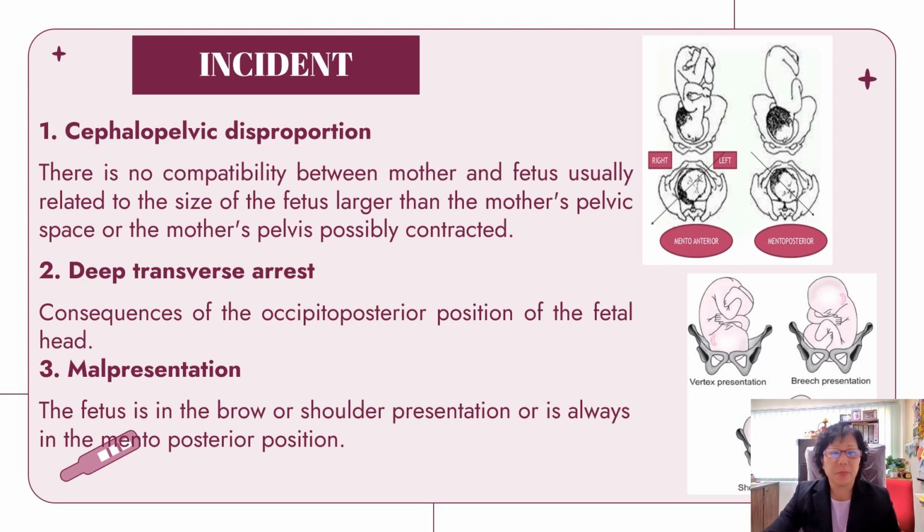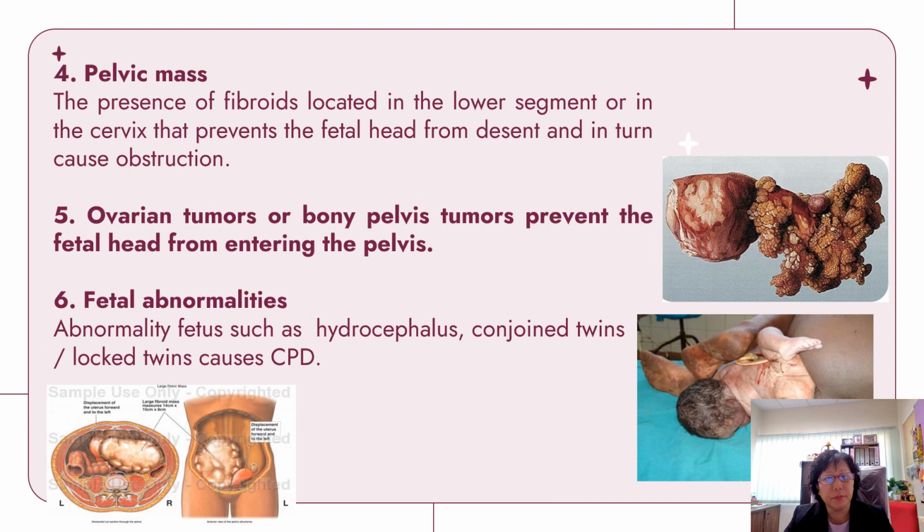Number two, deep transverse arrest, a consequence of the occipito-posterior position of the fetal head. Number three, malpresentation. The fetus is in a brow or shoulder presentation or is in the mento-posterior position. Obstructed labor happens because of this.